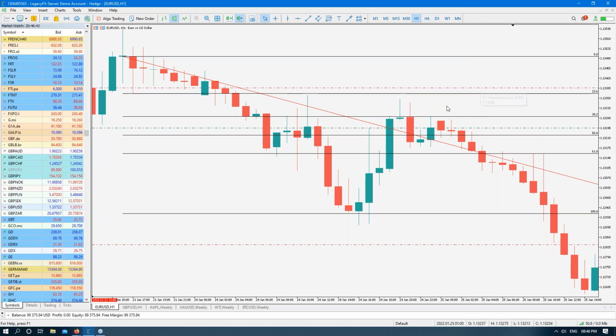So it's 14 pips. Let's make it realistic for you guys: a $1,000 account for most of you. Don't get this the wrong way. It's a 15 pip stop loss, and my risk level is 3%.